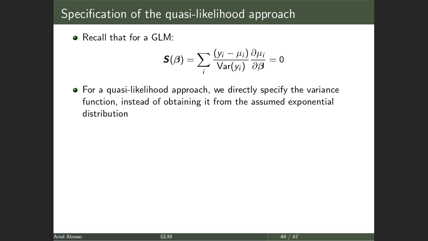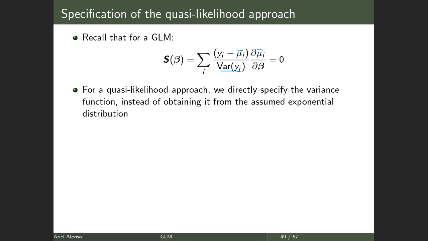We saw it already with the Poisson, but I'm going to go back to the theory now to show you a little bit more how this works. If you have a GLM model, you estimate the parameters using just the score function. And if you look at the score function, you see that it does not depend on the entire distribution. The score function depends on the variance of the response and the mean of the response.